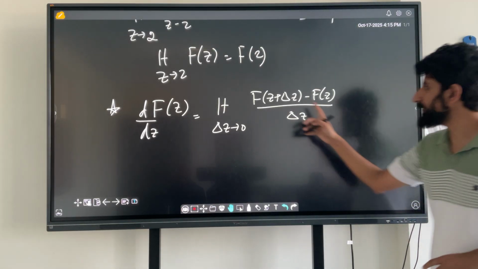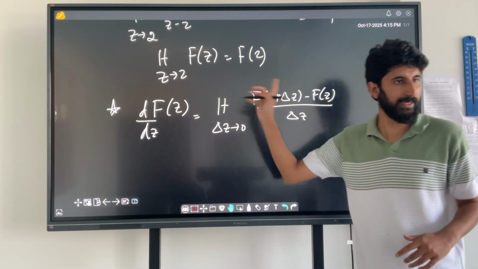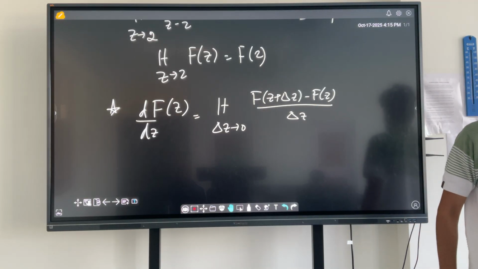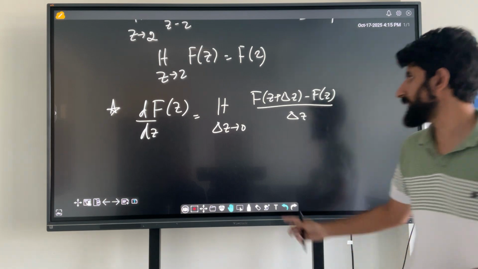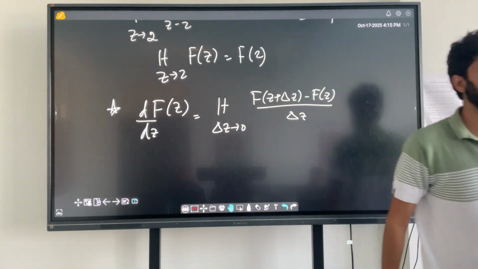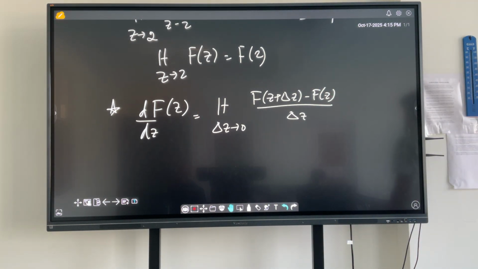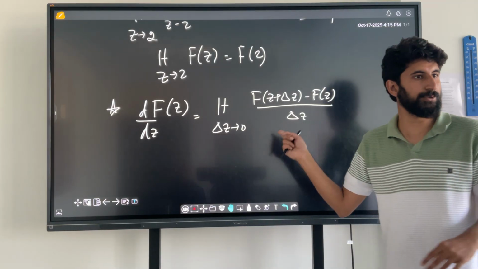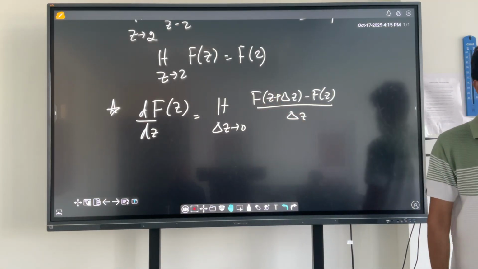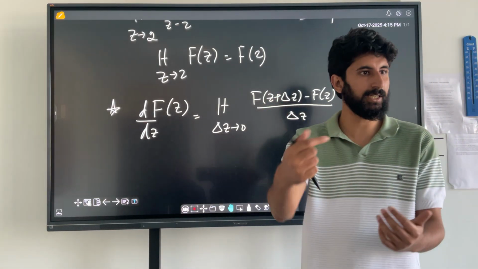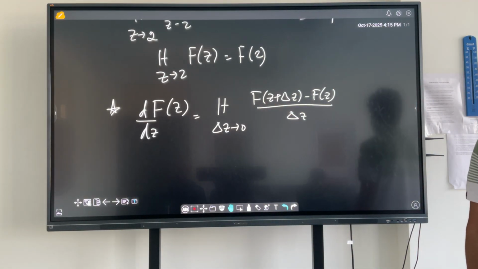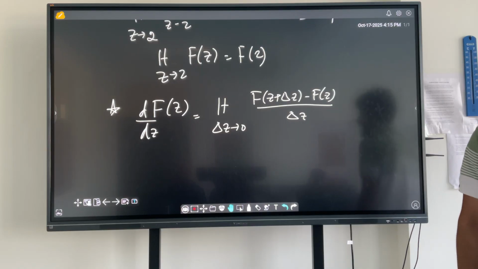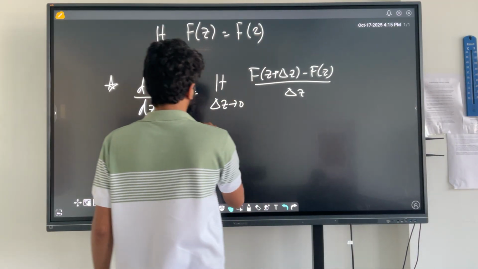So what do we mean when we say delta z going to 0 and this limit exists? That it should be directionally independent. In other sense, the derivative should be direction independent. Remember that statement earlier, now basically reduced to this limit should exist. That would guarantee that no matter what direction you take the derivative in, you will get the same answer.